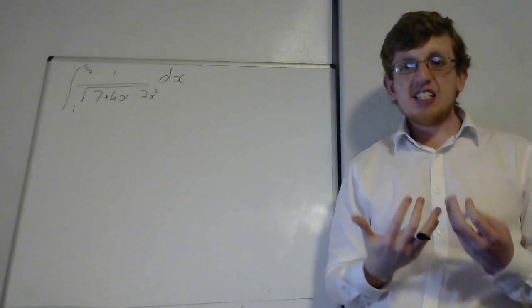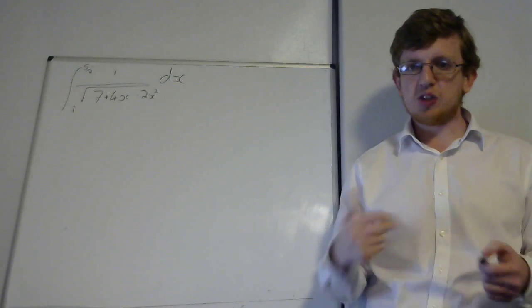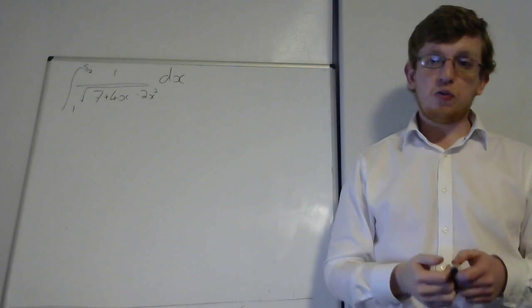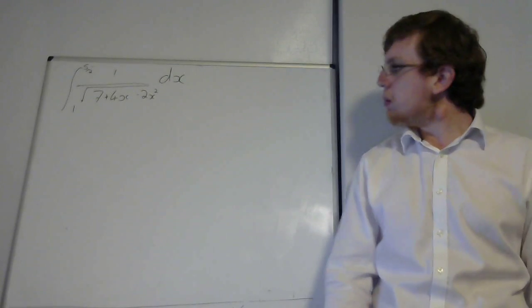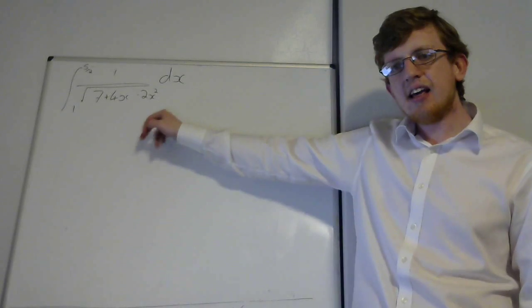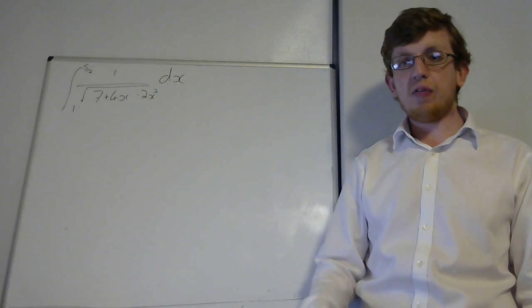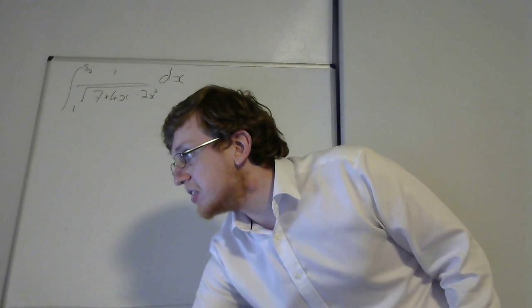Now, whenever we're integrating, especially with a quadratic in a denominator and a square root involved, go to your formula booklet because there's lots of standard integrals for these. We've got this minus x squared here, so we want the integral of 1 over a square root that has a minus x squared in it. And there's only one of those in your formula booklet.